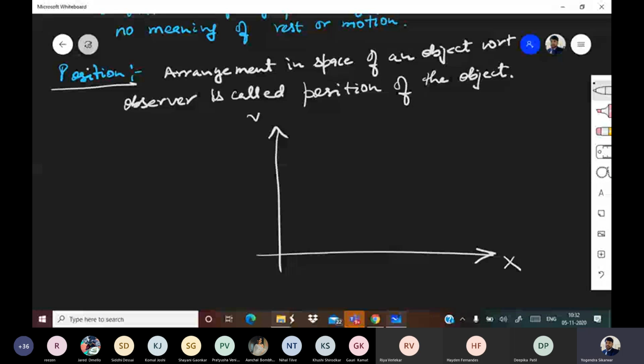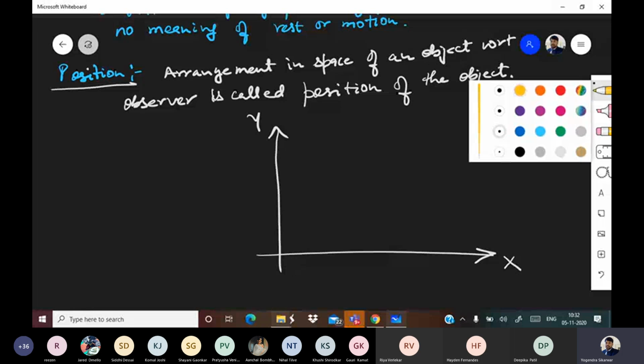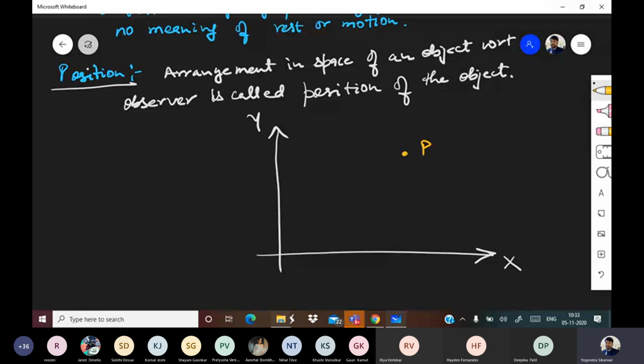This is the x-axis, this is the y-axis, and this is point P, and this is our origin. You can call it (0, 0). You can think that an insect is sitting here at point O, and that insect is observing point P. The coordinates of point P are (x, y).